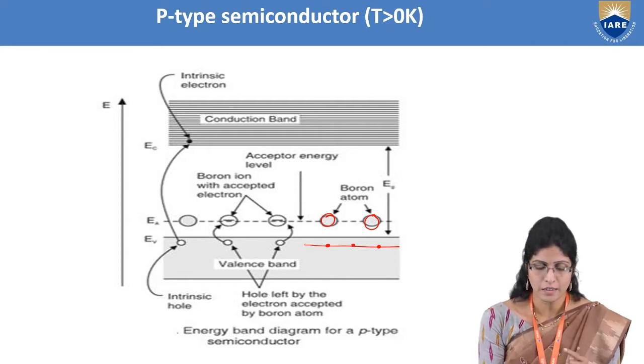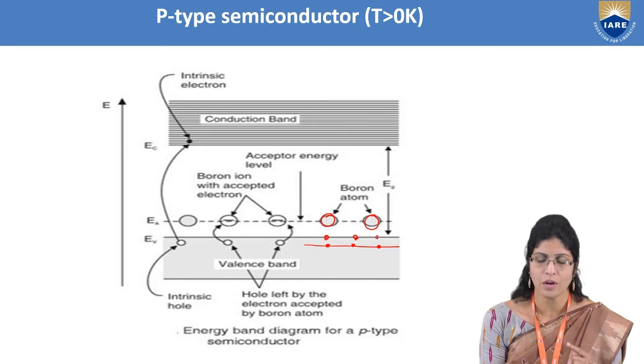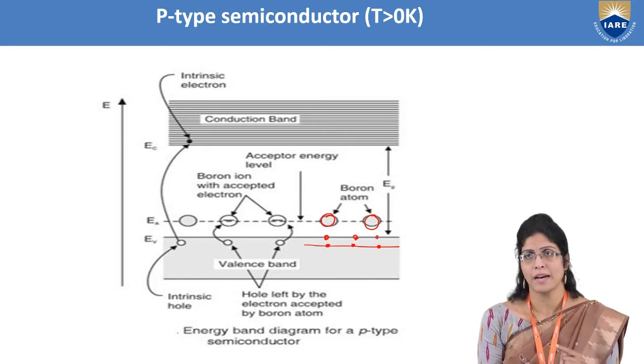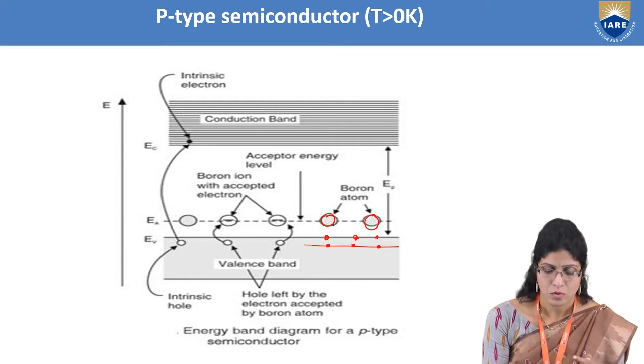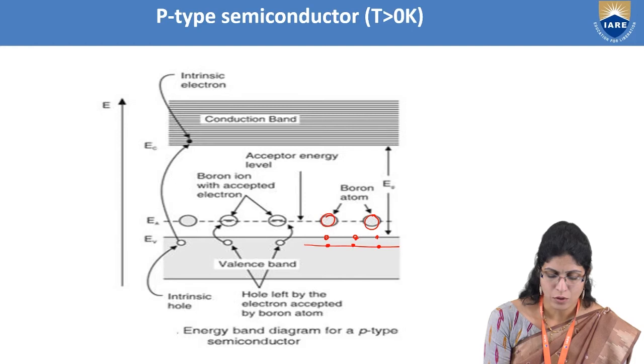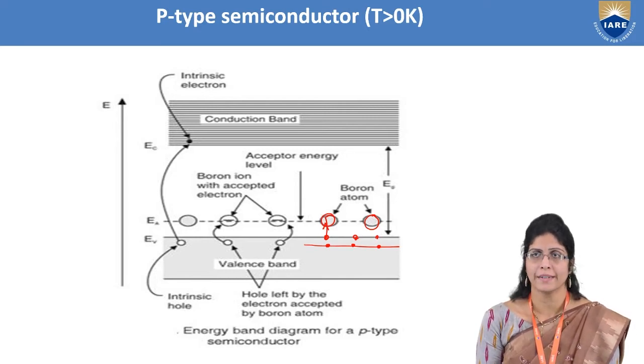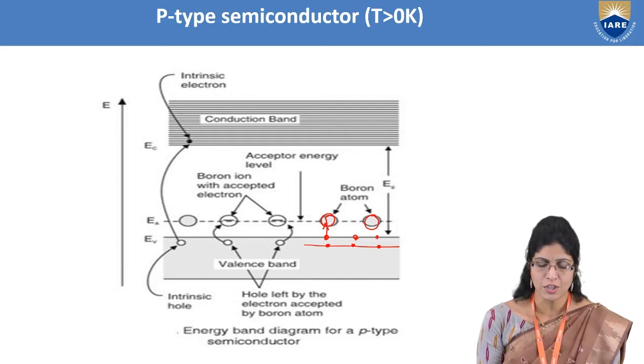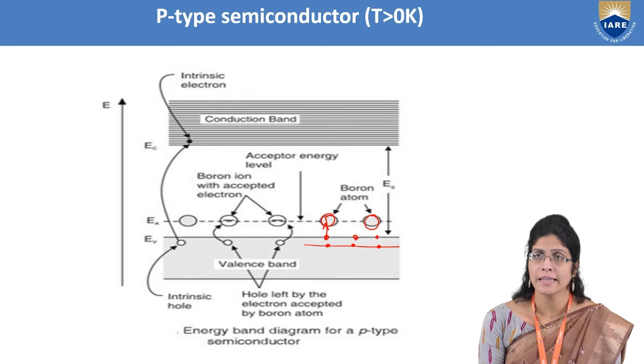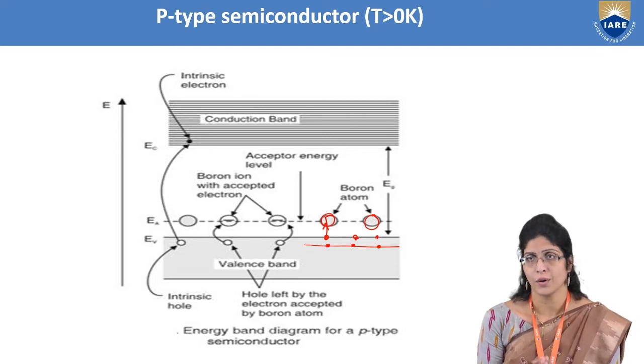And an electron very near to the boron atom, in the uppermost level of the valence band, which is nothing but the valence electron of the silicon atom, will be attracted towards or accepted by the boron atom, which is the dopant. So now what is happening? It will also gain the octet configuration, and it is gaining stability. Hence, gaining the negative charge, you call it a negative ion.